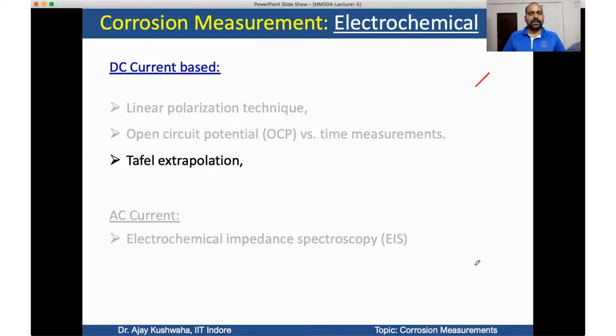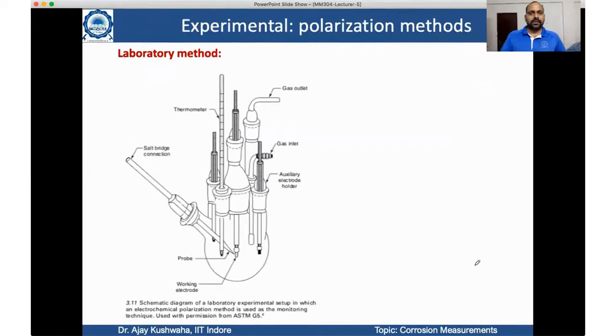Recently we discussed the Tafel extrapolation method, and today I would like to continue from the previous discussion. So we have already covered these three varieties of methods.